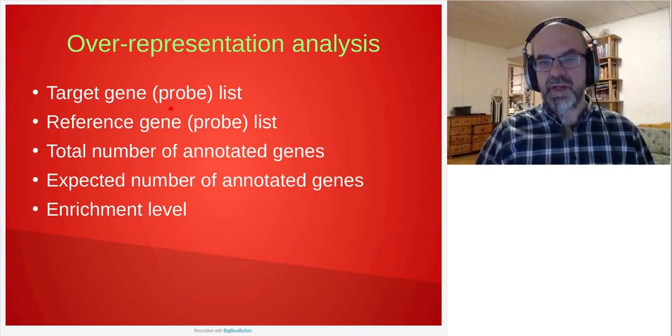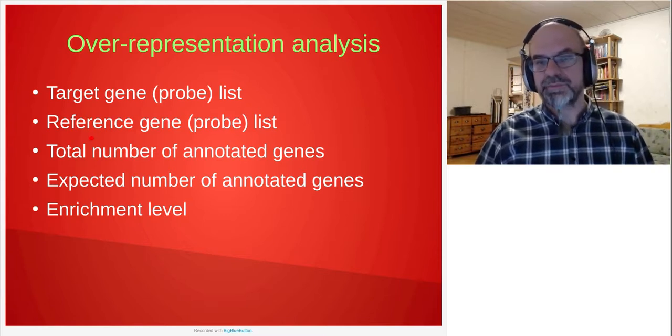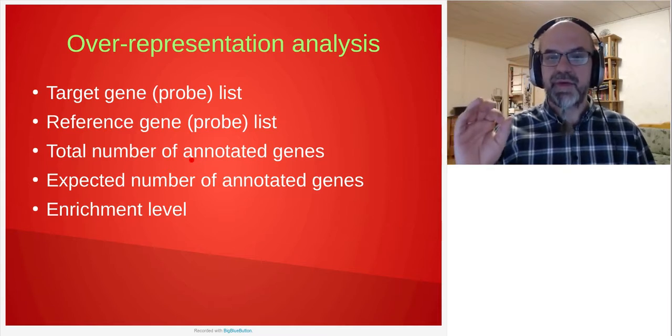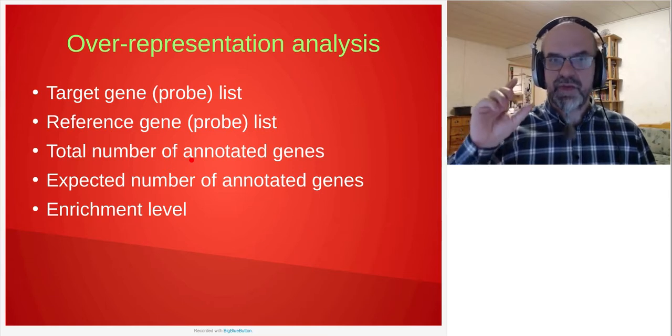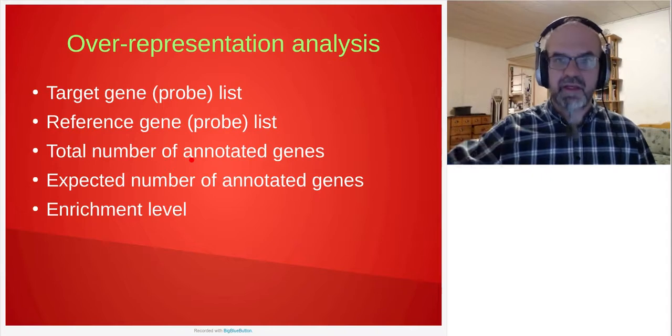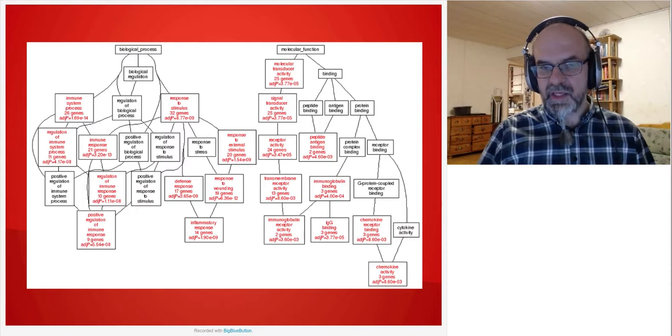Then you need a reference gene list. For the sake of simplicity, we can use the entire genome. You need to have the total number of annotated genes. So we consider one annotation term at a time. This is an iterative process. If we go back to this, all these rectangles are representing ontology terms, so you do these calculations for all of these terms one by one.